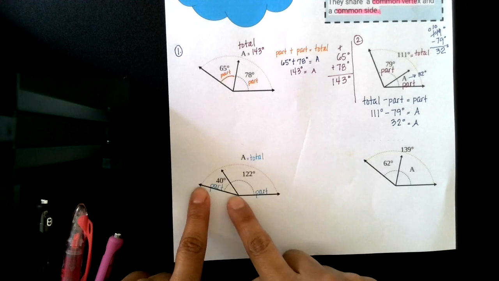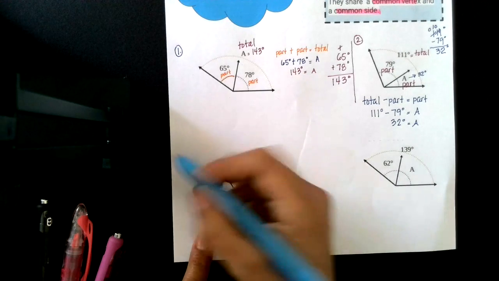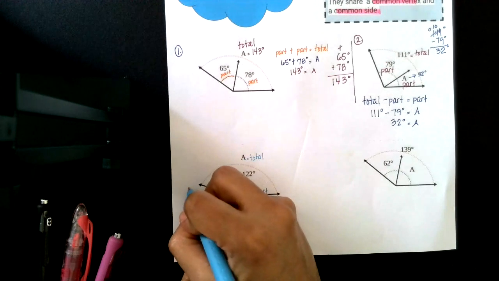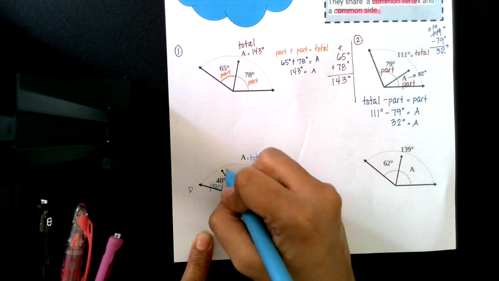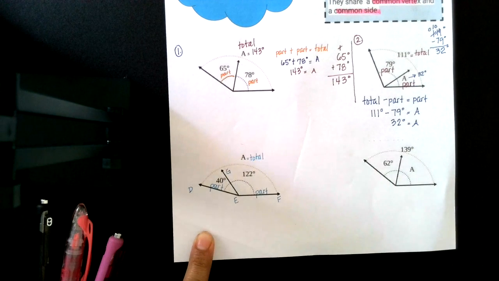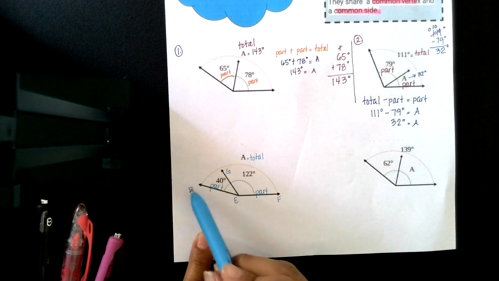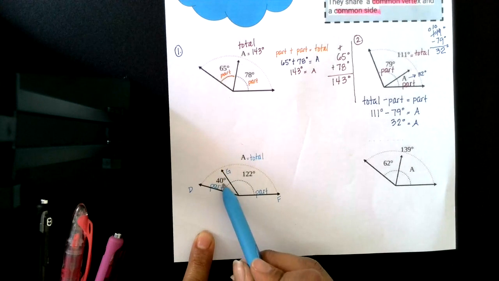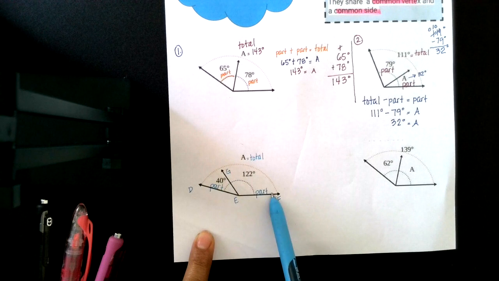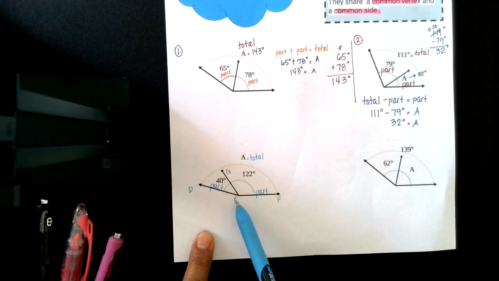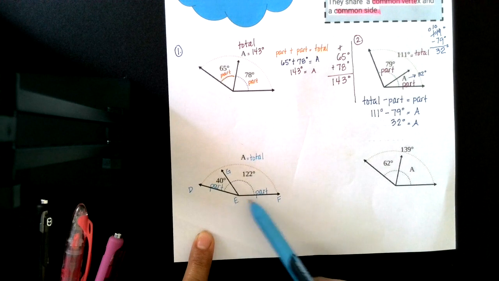So from here, if I label this, this would be D, E, F, and we'll call this G right here. Okay, so D, E, G, 40 degrees. G, E, F, 122 degrees. Common vertex, right? Letter, the point E, and common side, EG.